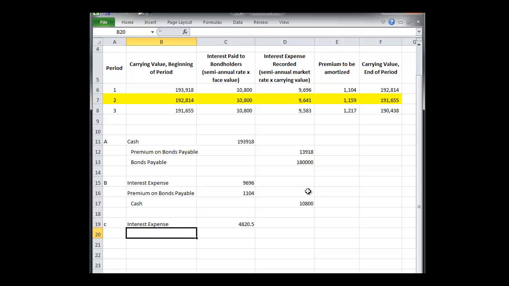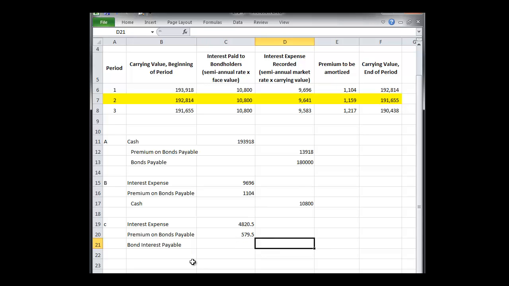Okay, now I also have to accrue the premium on bonds payable. And again, I'm going to accrue half of my calculation for period 2. So I'm going to take 1,159 and divide it by 2. Okay, now finally, I'm going to record the bond interest payable, and that's a credit.